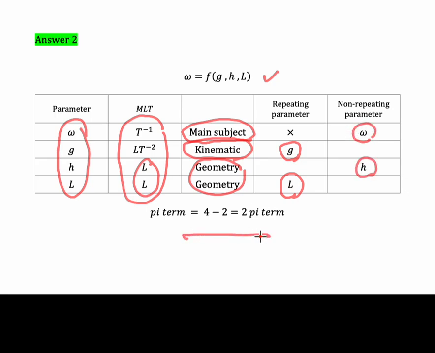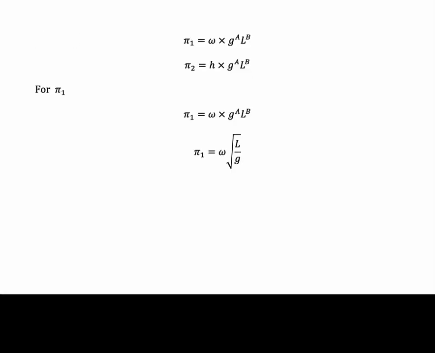To determine the pi terms, it is 4 minus 2, the total parameters minus the repeating parameters. So this is this one and this is this one, and then you will get 2 pi terms. Then we develop these 2 pi terms, so it becomes omega times g^a L^b and h times g^a L^b.